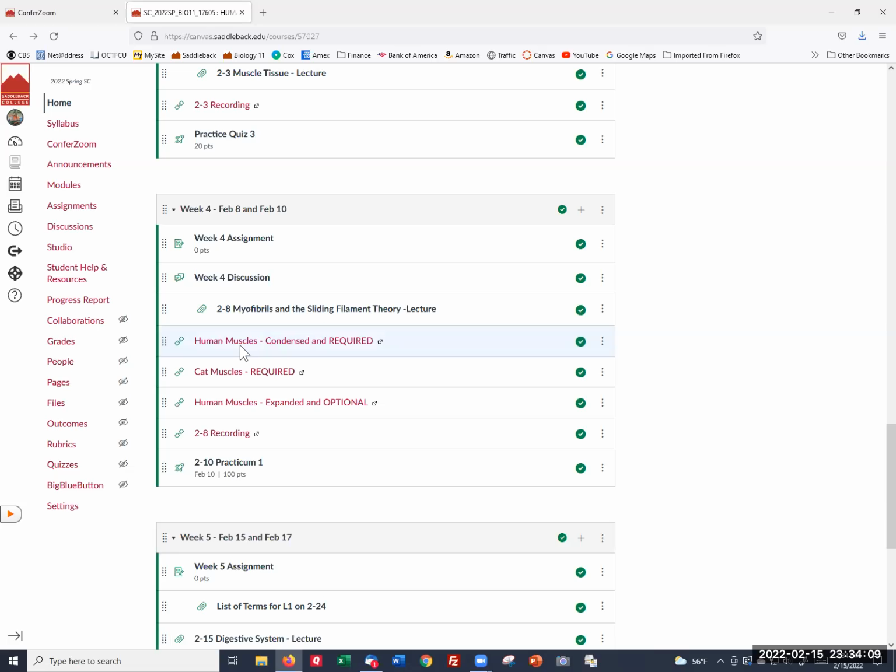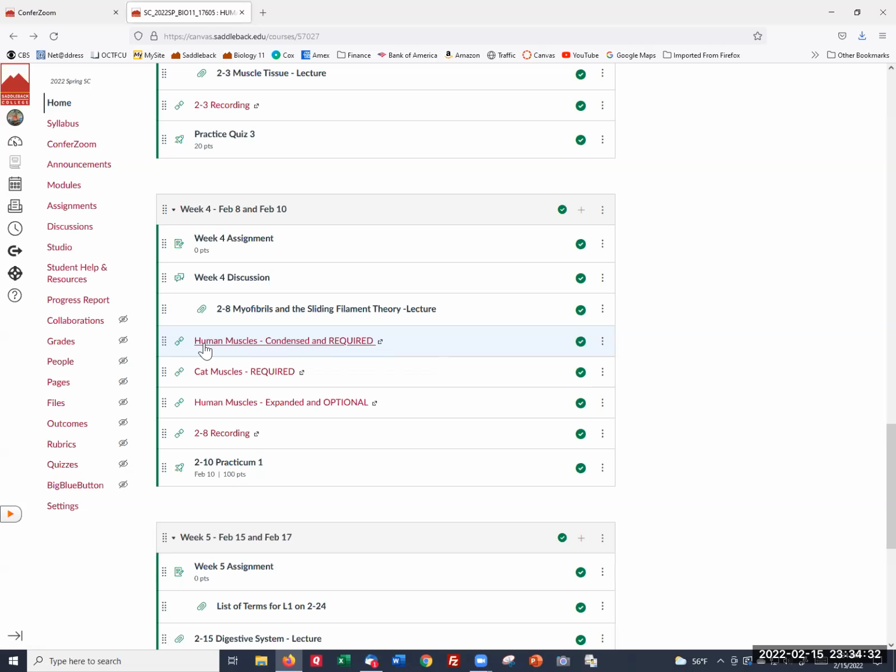I have human muscles, condensed and required. Required means that you need to know these muscles, okay, and you need to be able to identify them. You need to know their action, and since it's condensed, you need to know the origin and insertion.